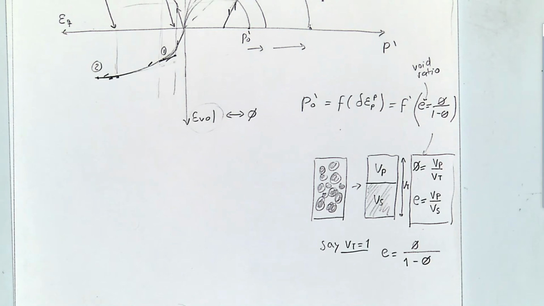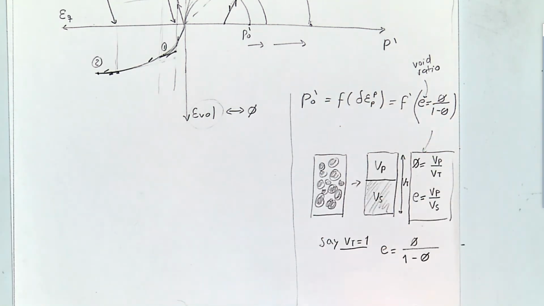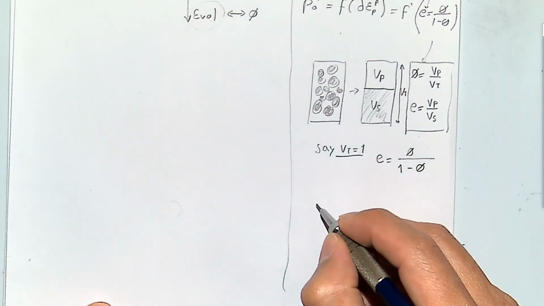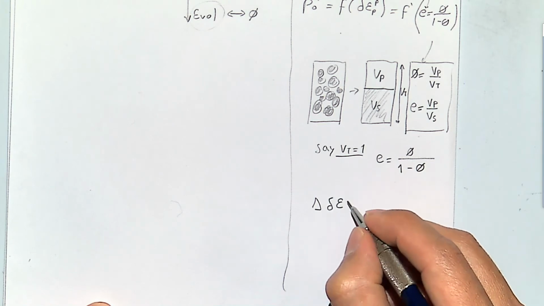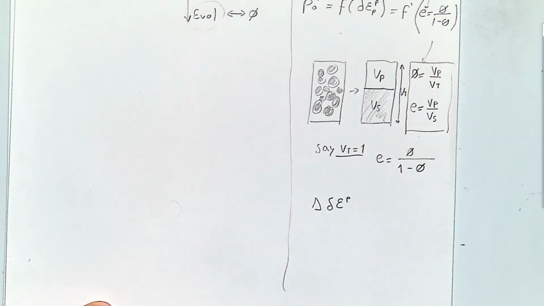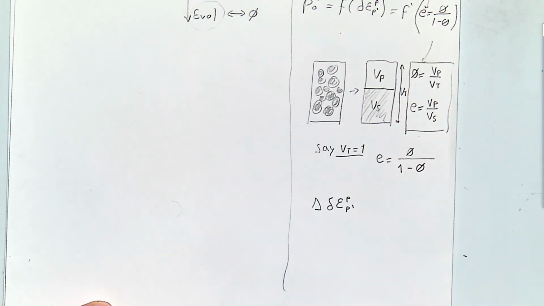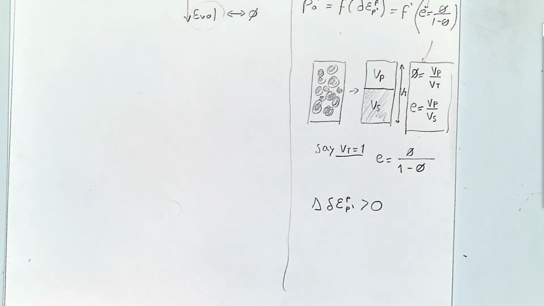Okay, well, then let's continue working on this idea. The idea here is going to be that when we have a change in the plastic strain on the isotropic component, if this one is positive, that means that we have a compaction.